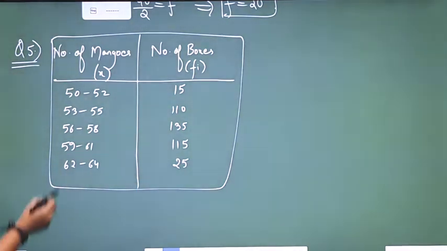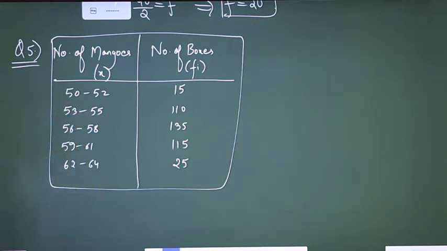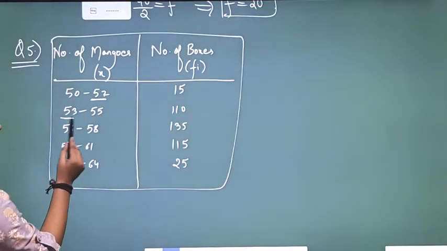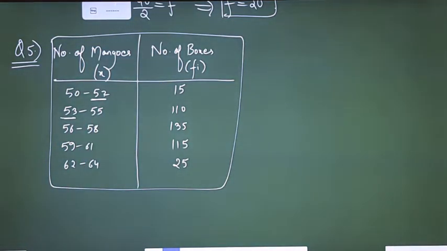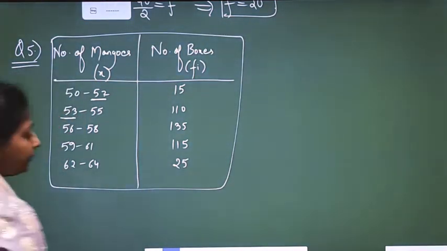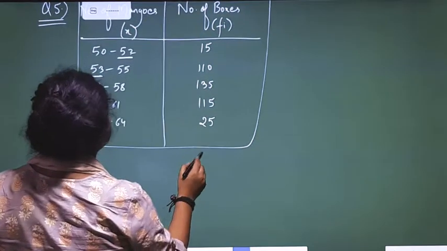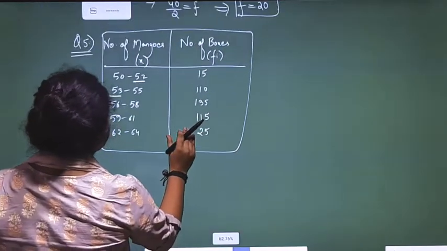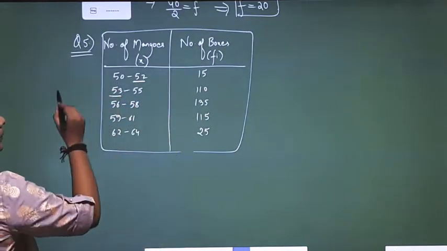Okay. Now if you see here, the class interval given to us here is not continuous. Here see, the upper limit of the first interval is not equivalent to the lower limit of this interval. So what do we have to do? First of all, we have to make this continuous, only then we can proceed. So in order to make this continuous, let's do one thing.